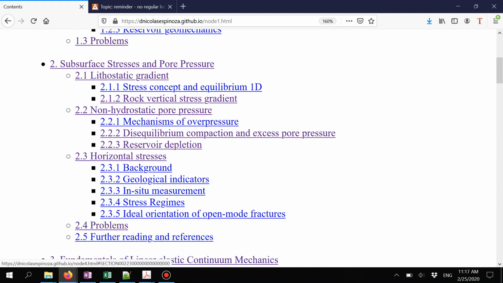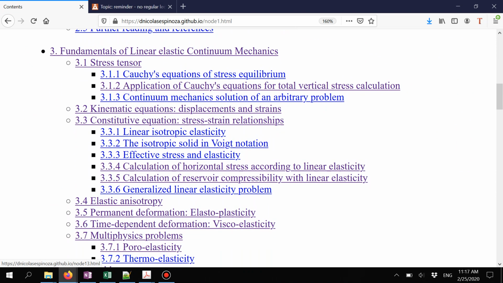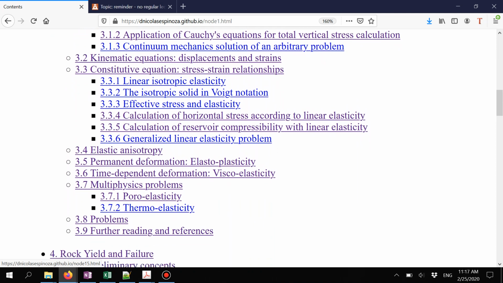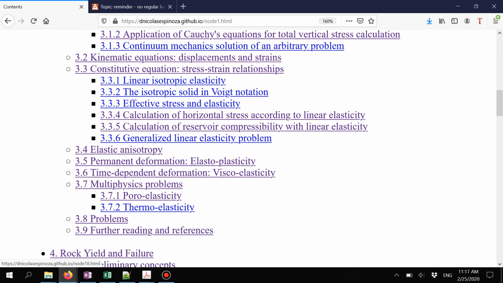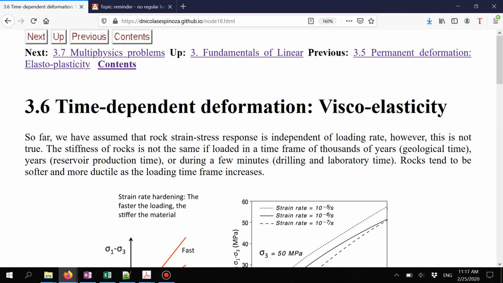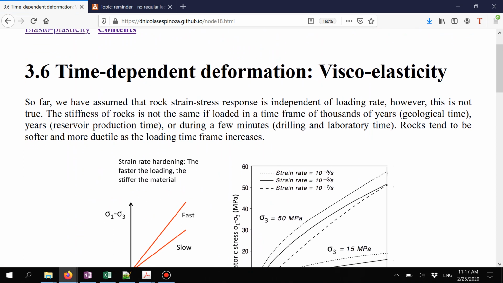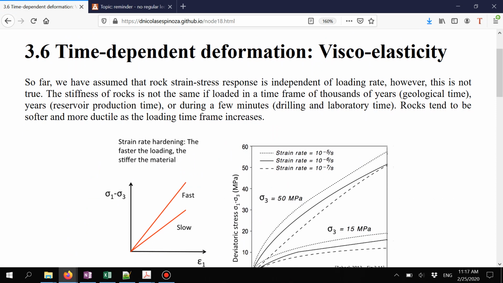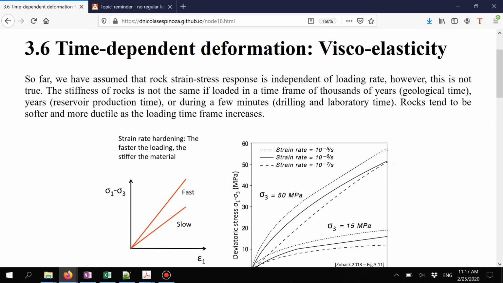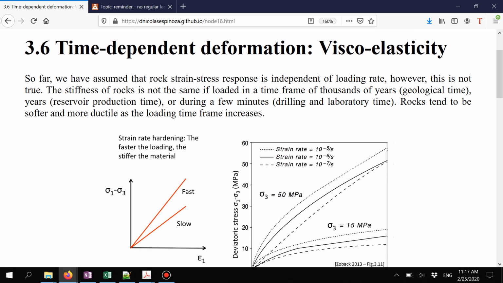And the last topic that we're going to see today about linear elasticity and continuum mechanics and extension to realistic rock is time-dependent deformation. Time-dependent deformation, also called viscoelasticity, is a theory that helps us to predict what is going to be the response of the rock with time.